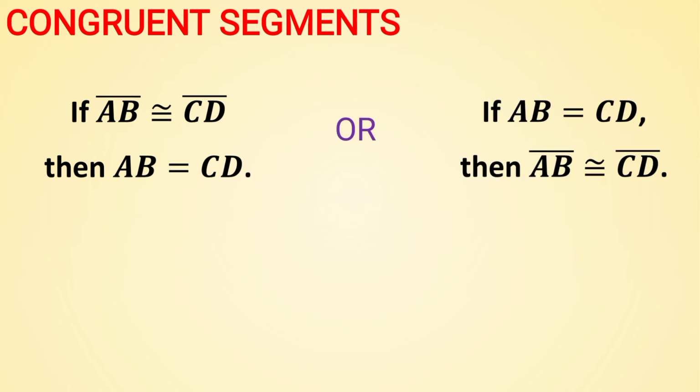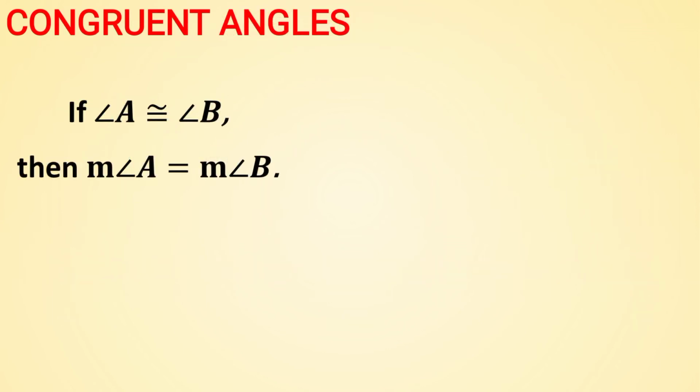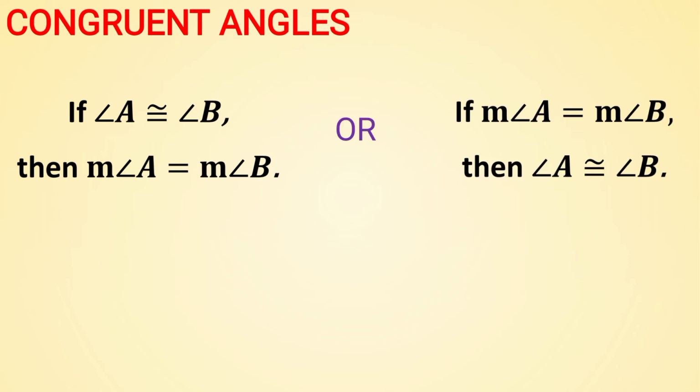Or, if AB is equal to CD, then segment AB is congruent to segment CD. Congruent angles. If angle A is congruent to angle B, then the measure of angle A is equal to the measure of angle B. Or, if the measure of angle A is equal to the measure of angle B, then angle A is congruent to angle B.